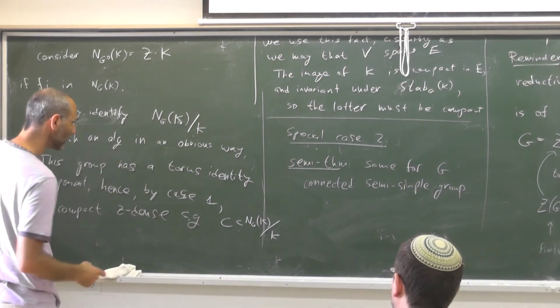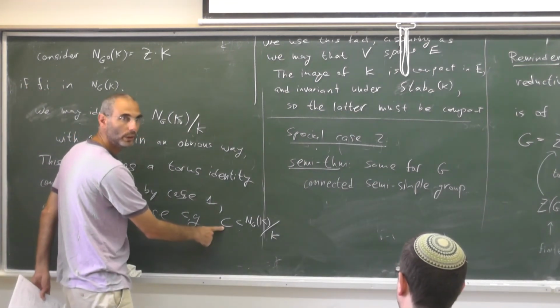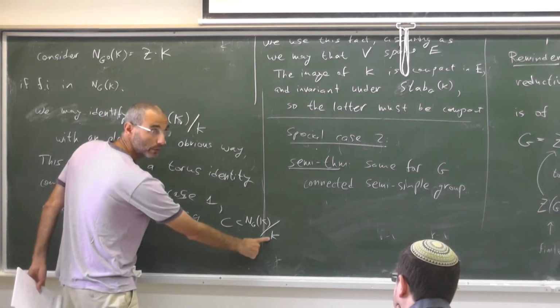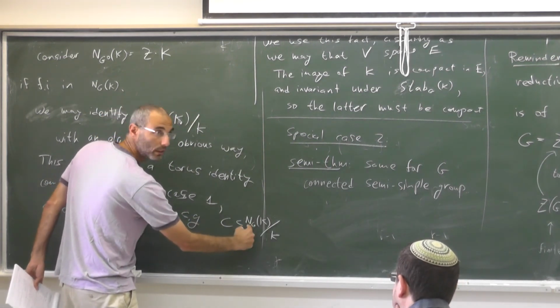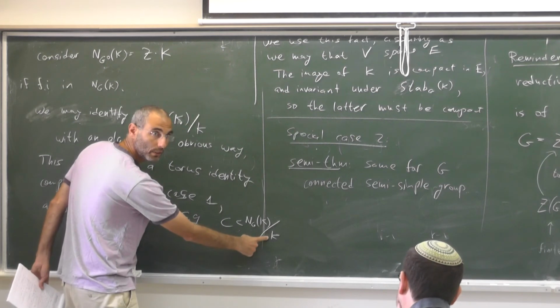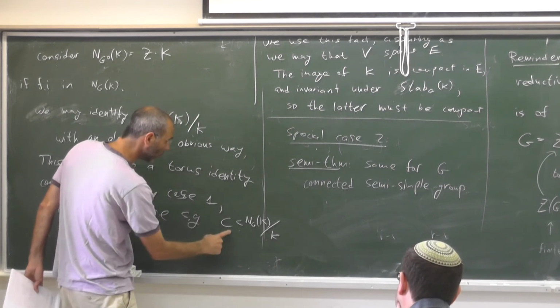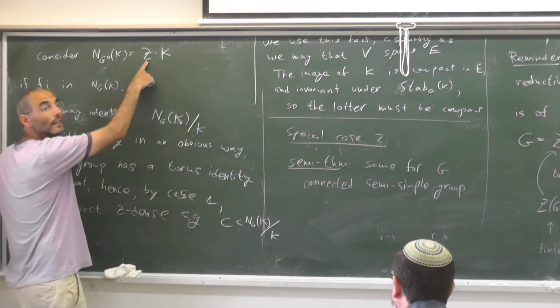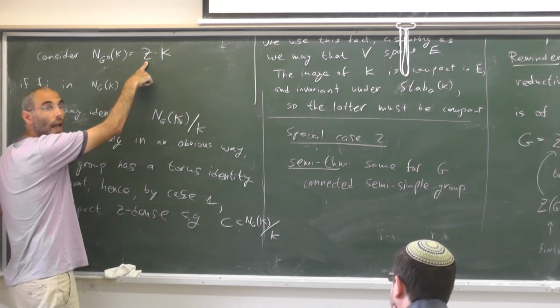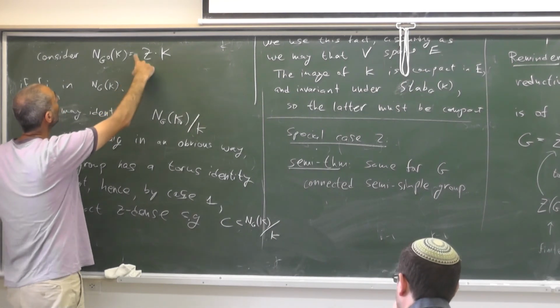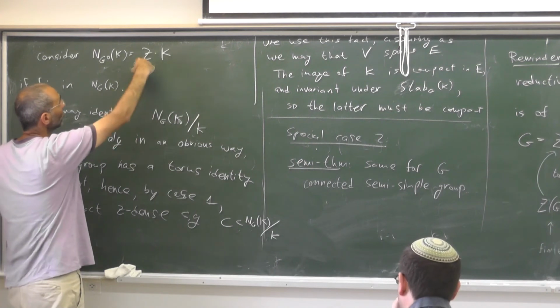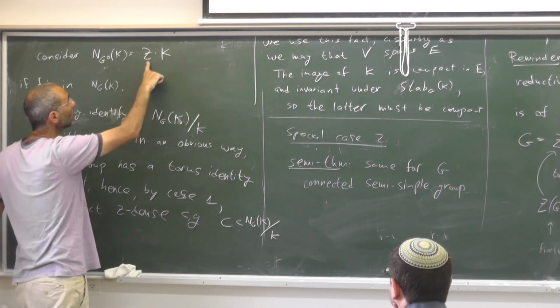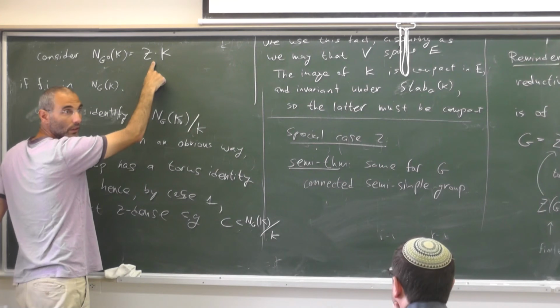Now I claim the preimage of this C will do the job. Inside here, it will contain K, but also it will be dense in this Z, so the Zariski closure will contain the Zariski closure of this thing.